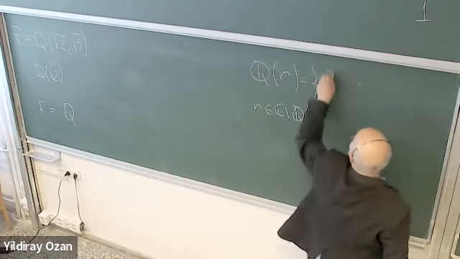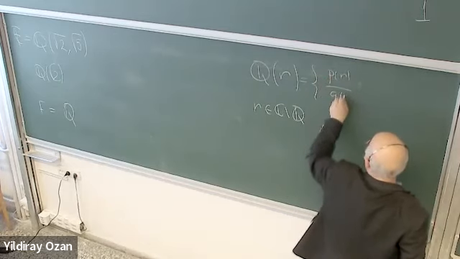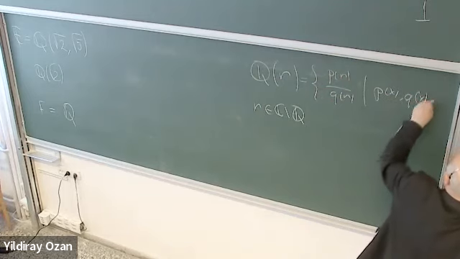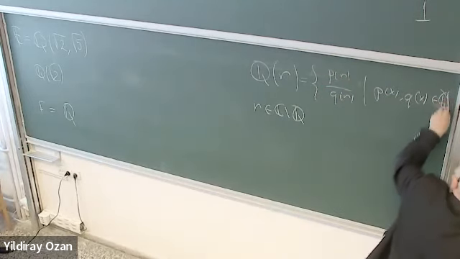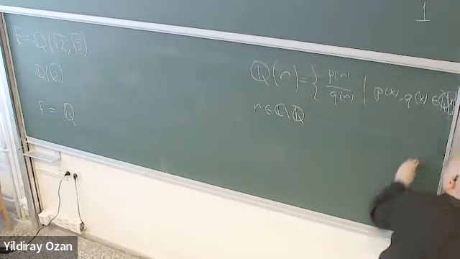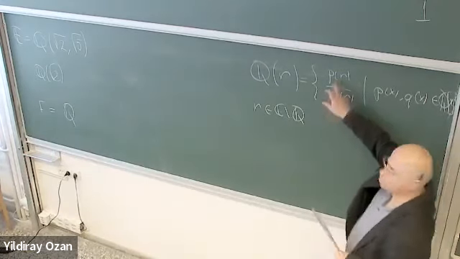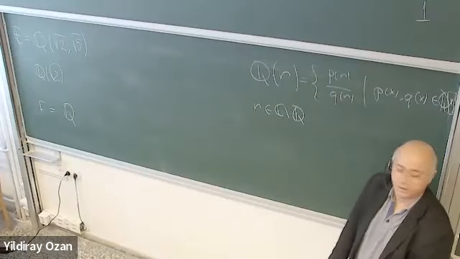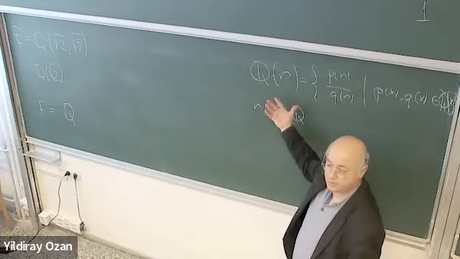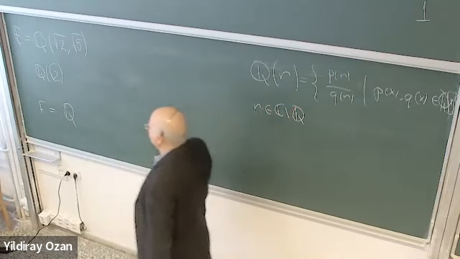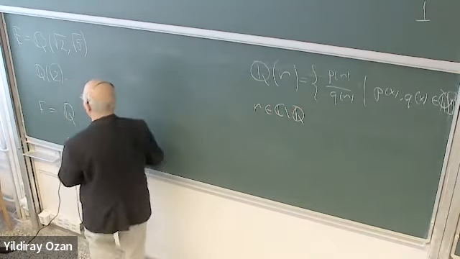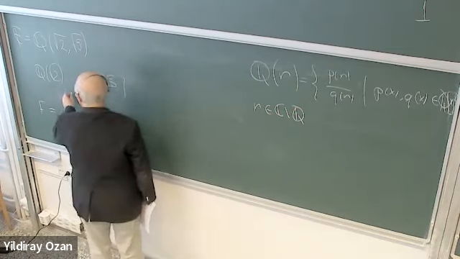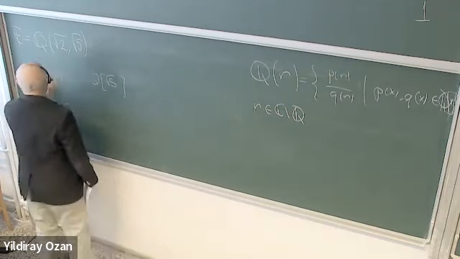So p(r) divided by q(r), where p(x) and q(x) are polynomials. Okay? So, for example, r squared plus 1 divided by 3r minus 5 and so on. Okay? So this becomes a field itself. And we have these subfields, Q of square root of 5, and maybe some other fields. And you get a diagram like this.